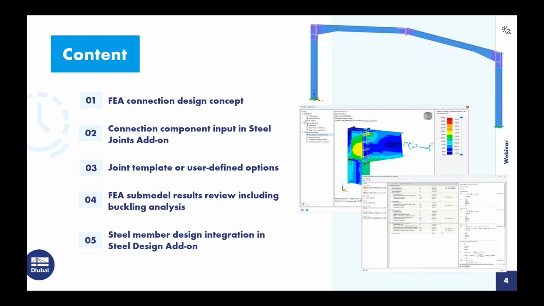And of course, we'll be taking a look at the results, including the FEA submodel that's generated, as well as the buckling analysis. And finally, you'll hear me say this several times today, that a huge benefit of doing the connection design within RFEM is the ability to integrate with the full member design as well. So we'll take a brief look at that at the end of the example, utilizing the steel design add-on.